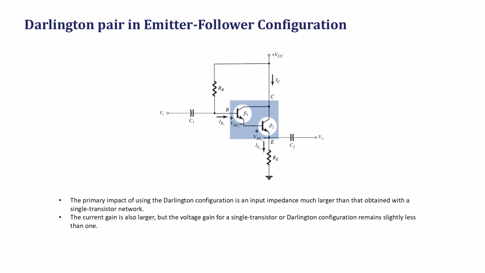The current gain is also correspondingly larger, but just like the single transistor case, the voltage gain for a Darlington emitter follower remains slightly less than 1. It's still fundamentally an emitter follower. So unity gain is the ceiling, not the target.